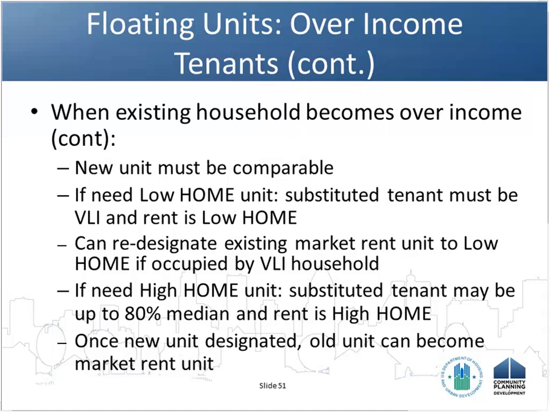We may be able to redesignate an existing market rate unit when we're dealing with income over 80% and we're in a floating situation. Here's where we have more flexibility.